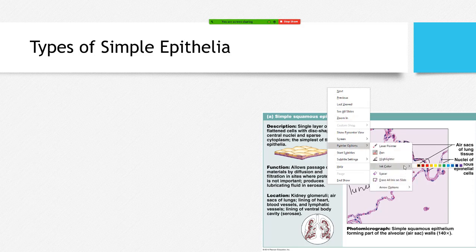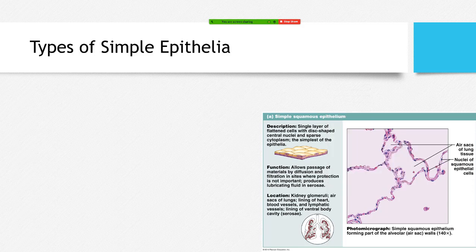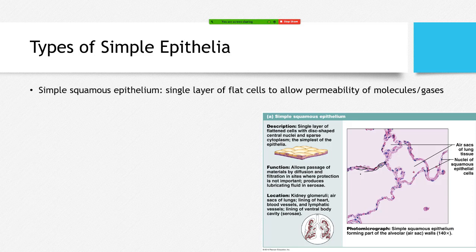If you take a look at the shape of these cells, you could clearly see that they are rather, what kind of shape? What do you think? Yeah, they're going to be rather flat, right? So if you were to write this, and my question to you is identify this tissue, you're going to be writing, this is going to be a simple squamous epithelium.